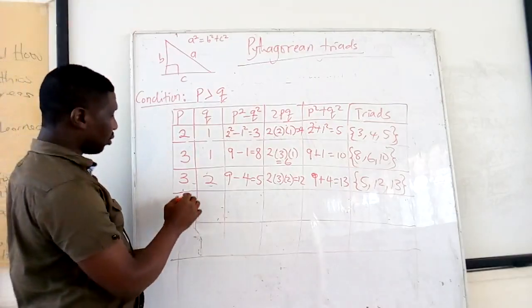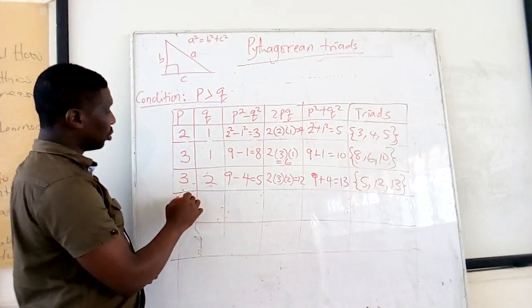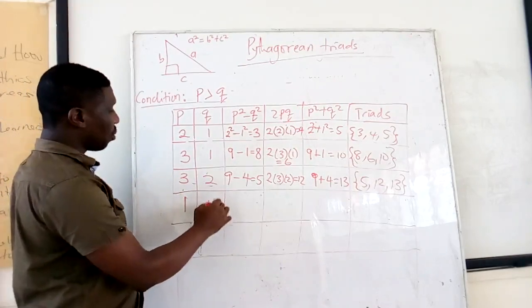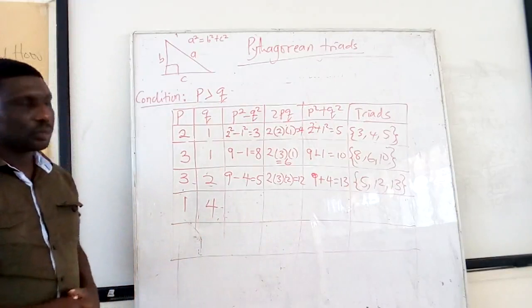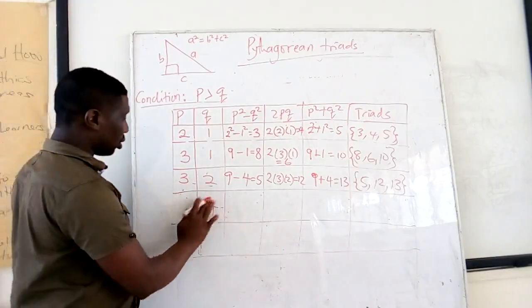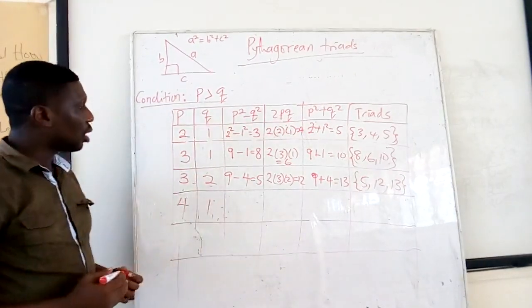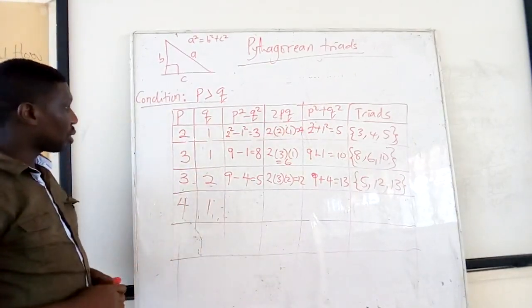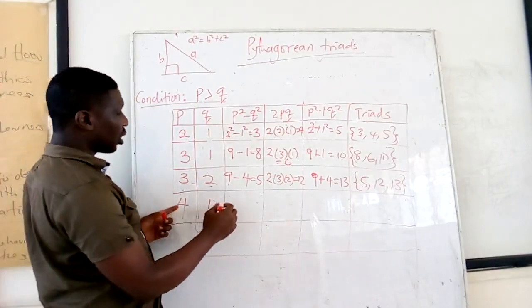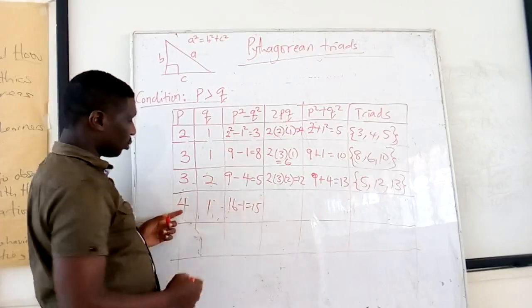So I can have maybe one more. I can have 1 and 4, 4 and 1. Remember, P should be greater than Q. So this will give me 16 minus 1, which is 15.